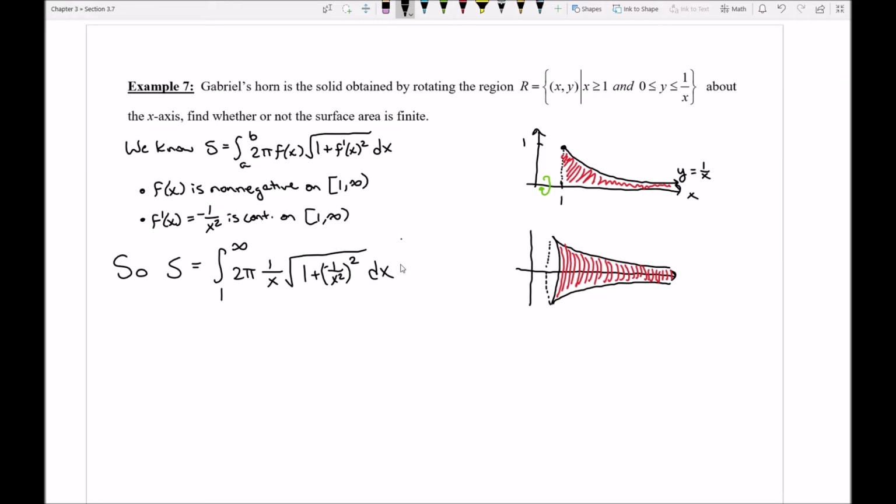Well, we can try to go ahead and see if we can evaluate this. It might be a little bit tricky. Okay, I'm going to go ahead and do a couple things with this. First off, I'm going to take the 2 pi and just pull it outside the integral. I'm going to have my 1 to infinity, a 1 over x, and I'm going to simplify the inside of the radical. I have a 1 plus 1 over x to the 4th, dx.